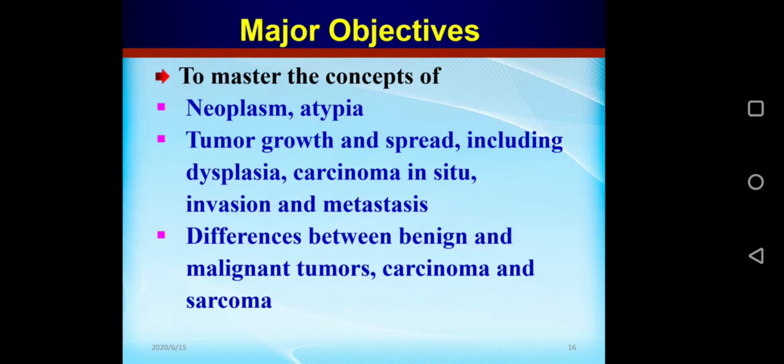So in this chapter, we will learn neoplasm. The major objectives are following. First, we need to master the concept or definitions of neoplasm, atypia, tumor growth and spread, dysplasia, carcinoma in situ, and we need to master invasion and metastasis, the differences between benign and malignant tumor, carcinoma and sarcoma.